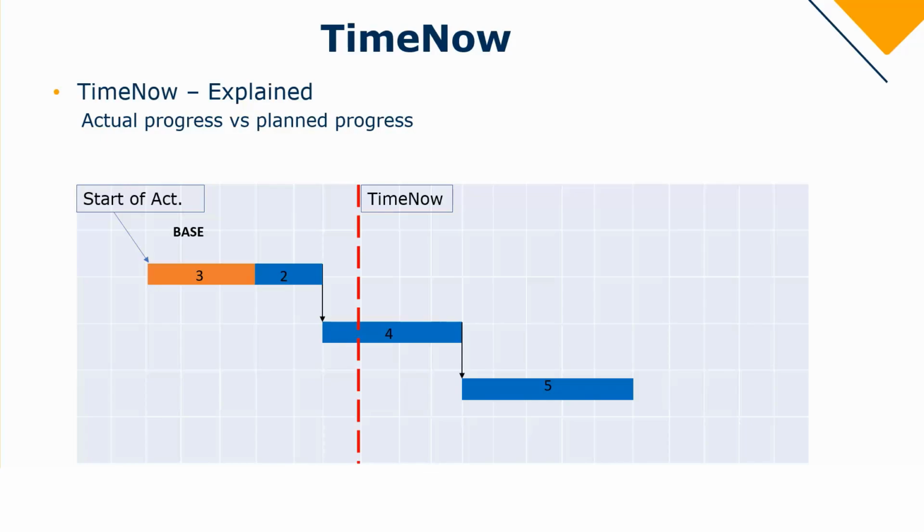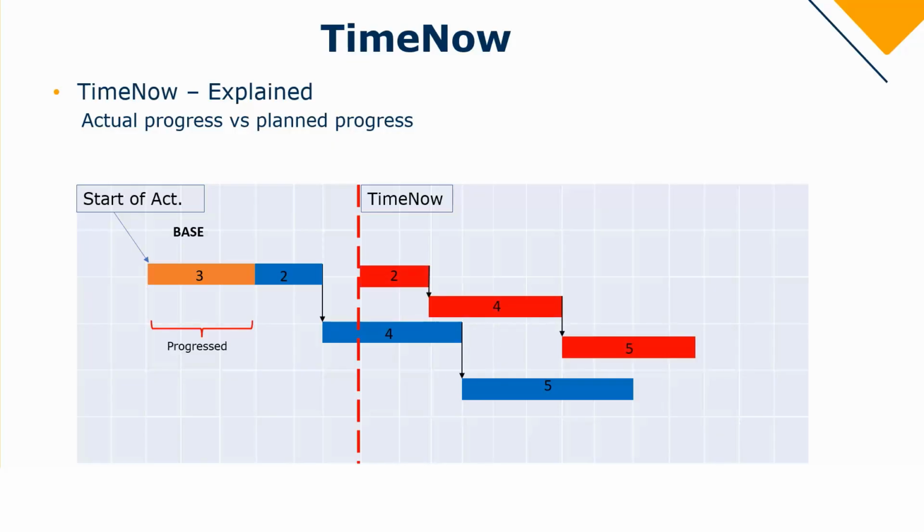But let's have a look at what happens if you have not done the work as planned. As an example, out of the 5 days, we have only done 3 days worth of work. So that means that you can record your progress for the 3 days. But what that would mean for the remaining 2 days and the rest of your activities is that the earliest it can start is after your time now line.